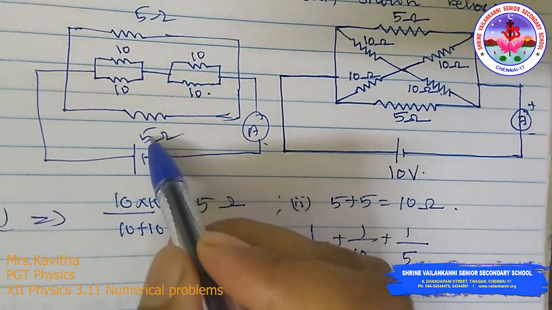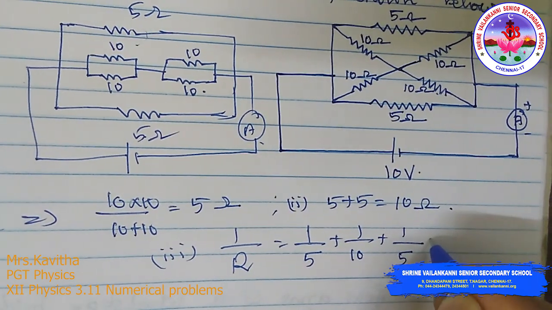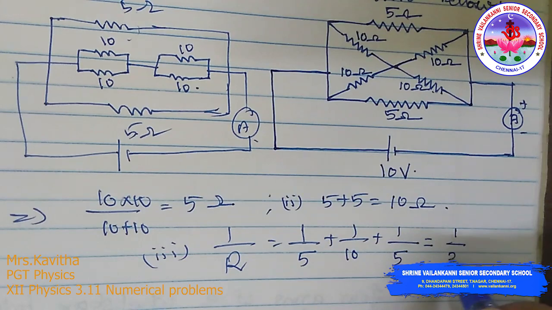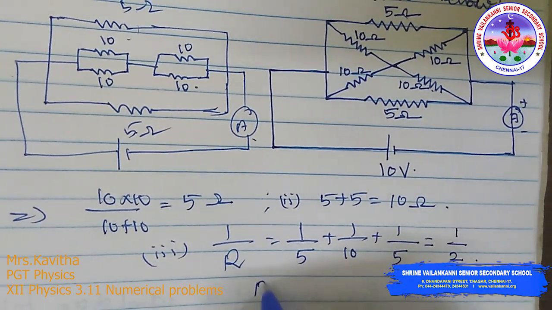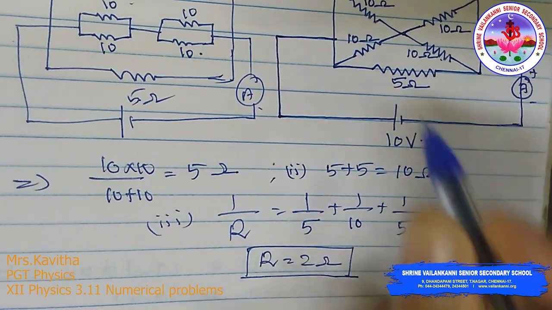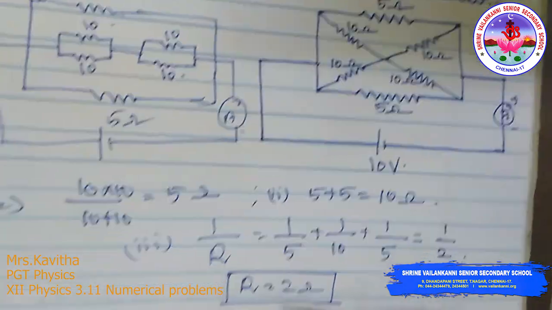Now you get it? By resolving it you can get 1 by 2, or R is equal to 2 ohm. Finally we got the equivalent resistance value, which is equal to 2 ohm.